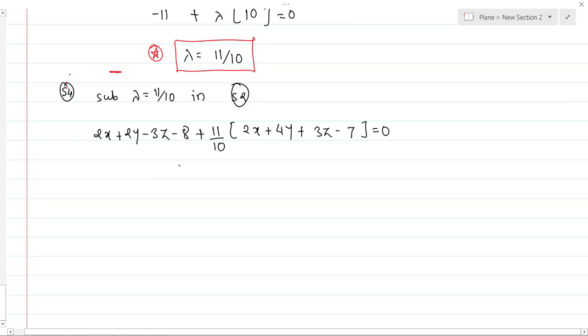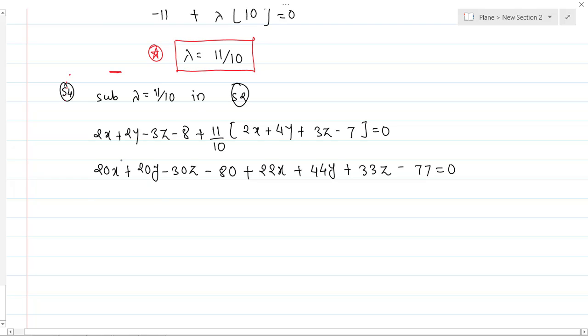Now multiply throughout the equation by 10. So you will have 20x plus 20y minus 30z minus 80 plus 11 into 2. I will write it directly: 22x plus 4 into 11, which is 44y, plus 3 into 11, which is 33z, minus 77 equals 0.